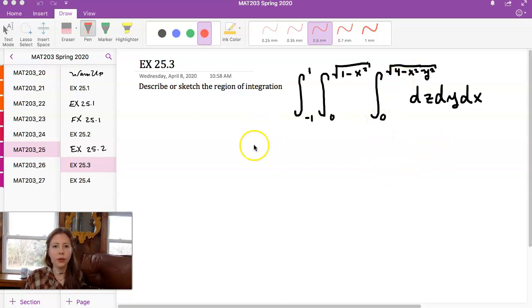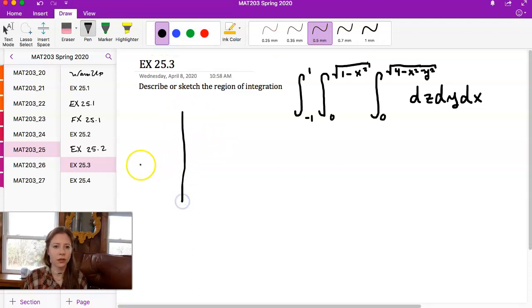Okay, so let's start by looking at y versus x. So we have y versus x. We have -1 and 1 for x.